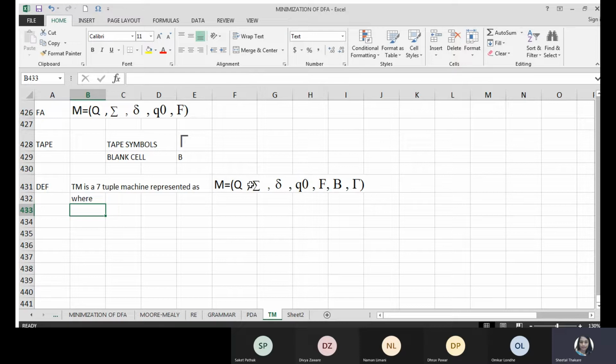Finite set of input symbols. Q is finite set of states. Q0 is initial state. Capital F is finite set of final state or states. Capital B is blank cell, and this gamma, this is called as capital gamma.